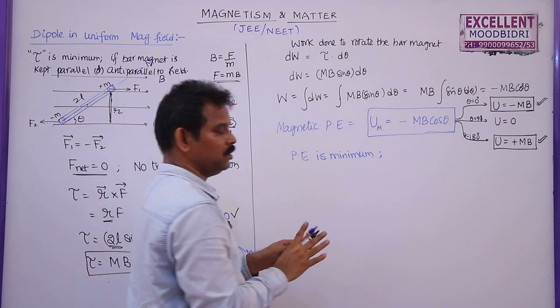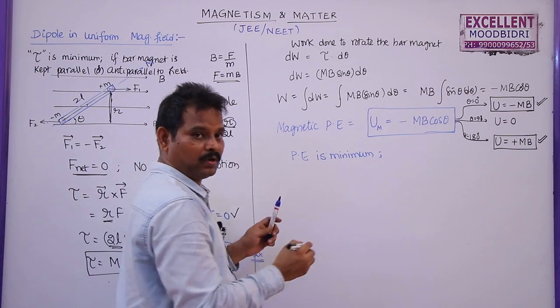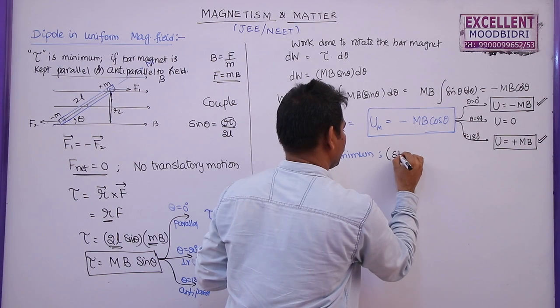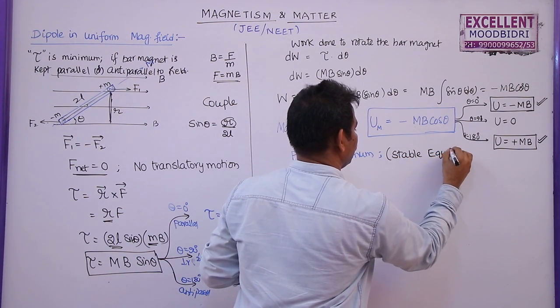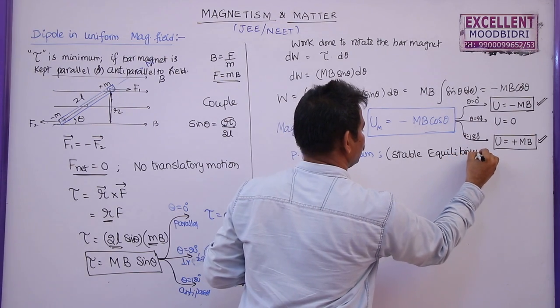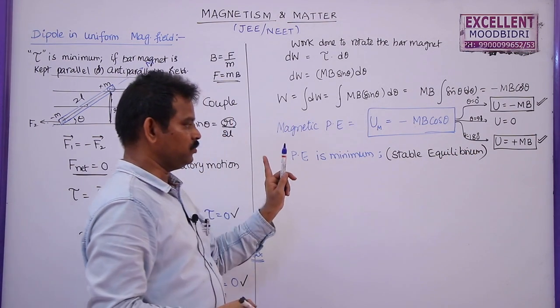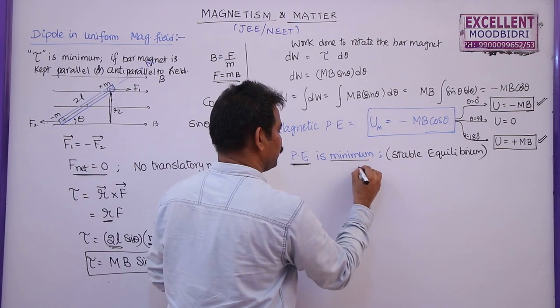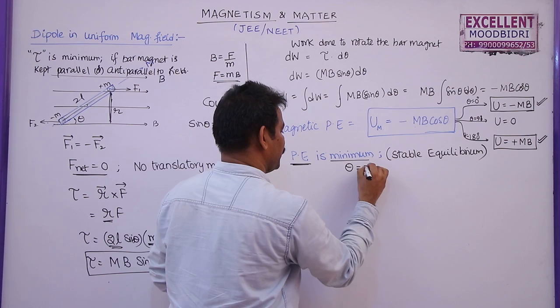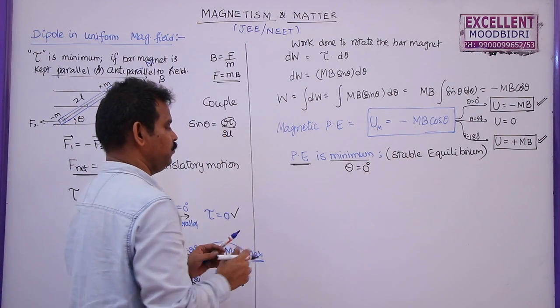Whenever the potential energy is minimum, then the dipole is said to be in stable equilibrium. In competitive exams, they will ask you to find the condition of stable equilibrium from the given data. So potential energy must be minimum, and it is possible if the dipole is parallel to the magnetic field.